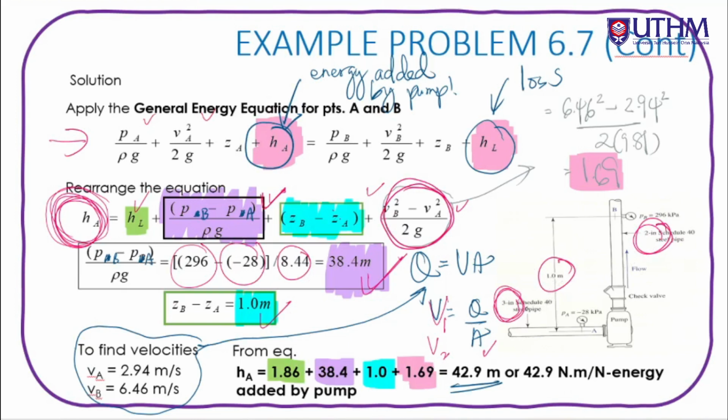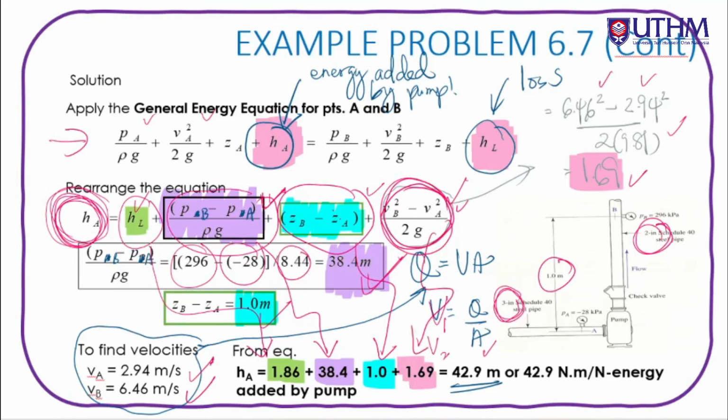So bila kita replace dalam A, kita akan dapat VA equals to 2.94 meter per second, and then VB 6.46 meter per second. And then kita replace dalam ni, kita akan dapat 1.69 kan. So sekarang kita dah tahu HL equals to 1.86, the second term equals to 38.4, the third term equals to 1.0, and the last term is equals to 1.69.